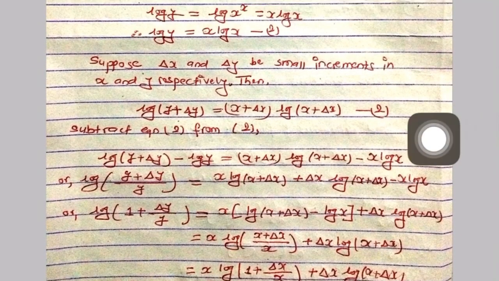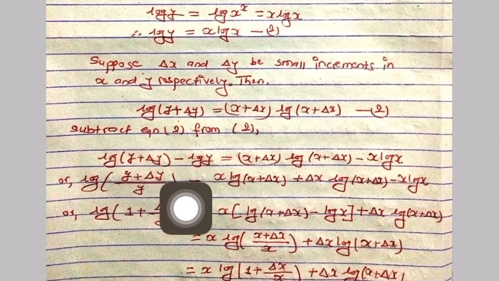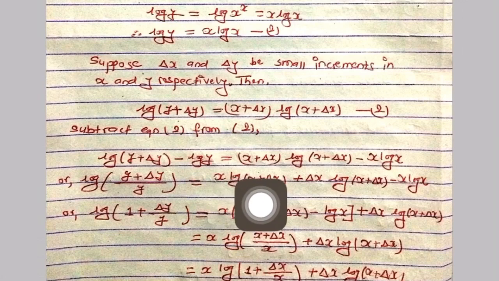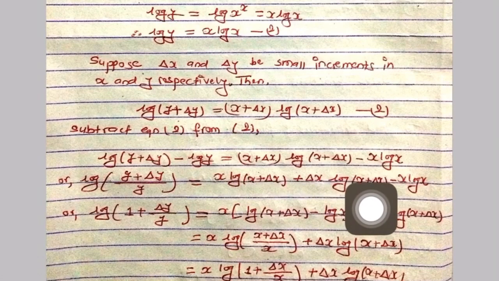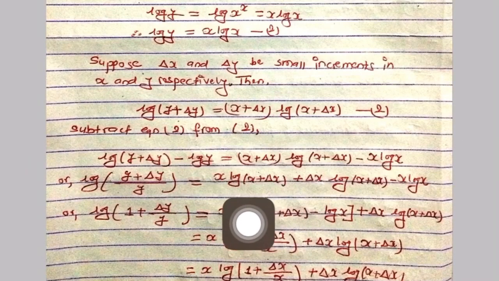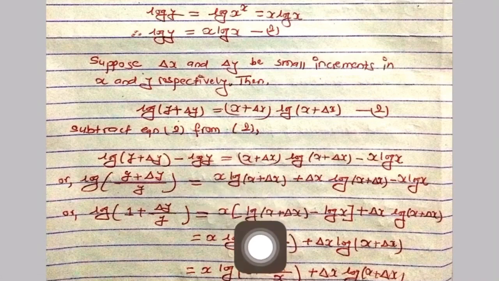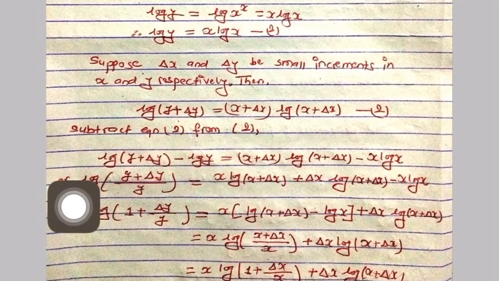Subtracting equation 2 from equation 3, we get log of y plus del y minus log y is equal to x plus del x times log of x plus del x minus x log x. After opening the bracket, x plus del x with log of x plus del x, we get this line.